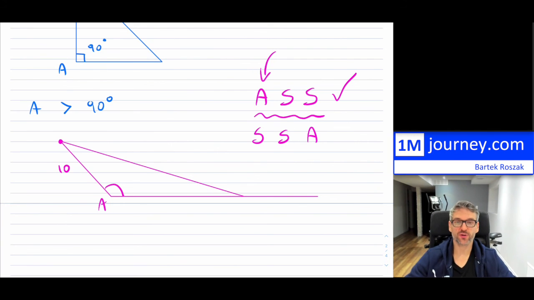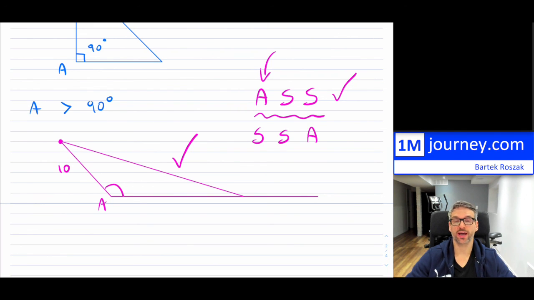If your angle is obtuse, so if it's more than 90 degrees, and you actually do have a triangle created, then it just gives you one unique answer, and you can go ahead and use your sine law, no problem. If that angle is 90 degrees, then you don't even need the sine law.